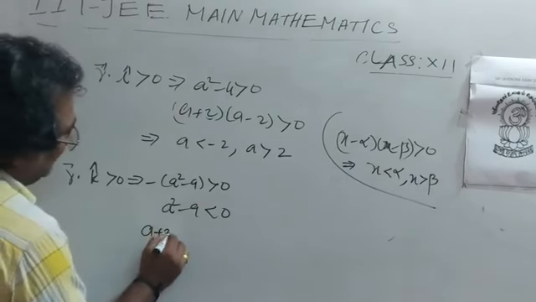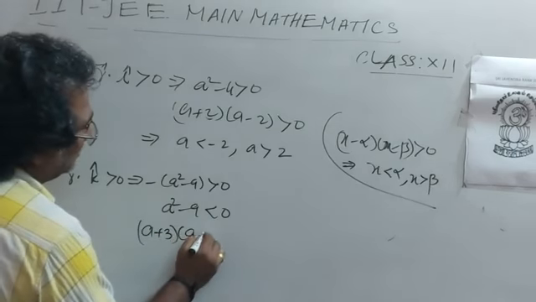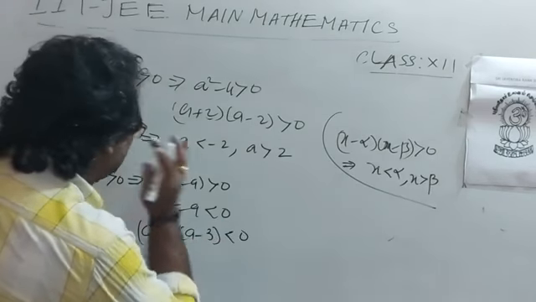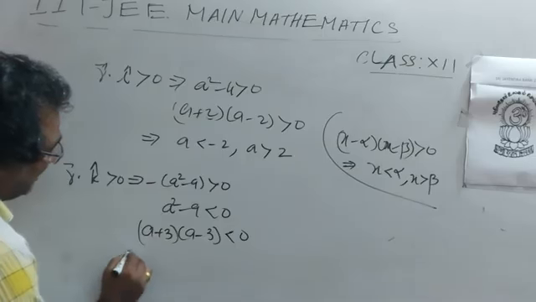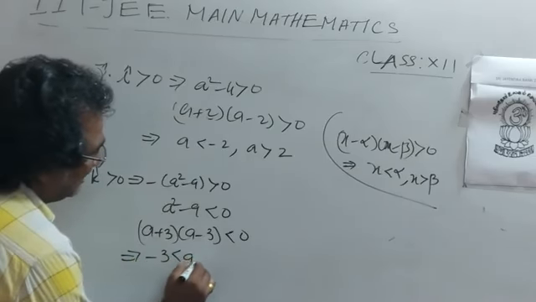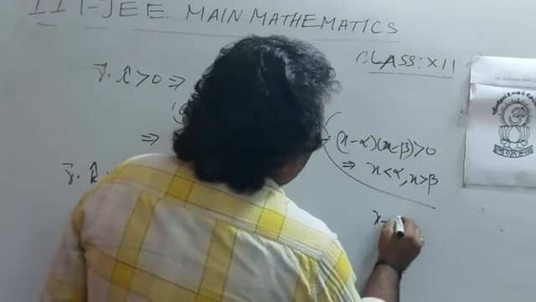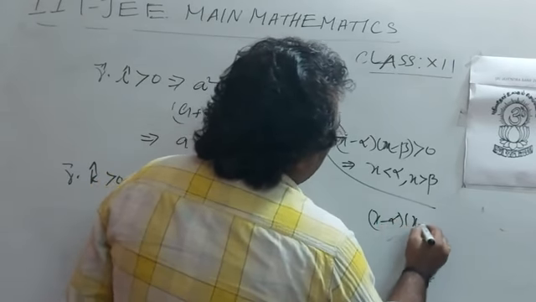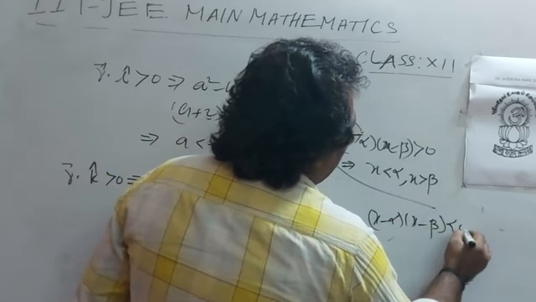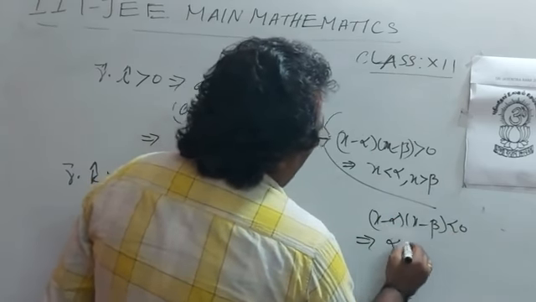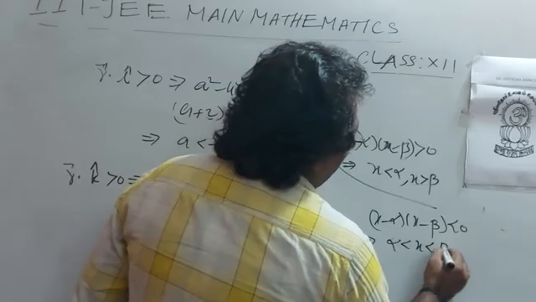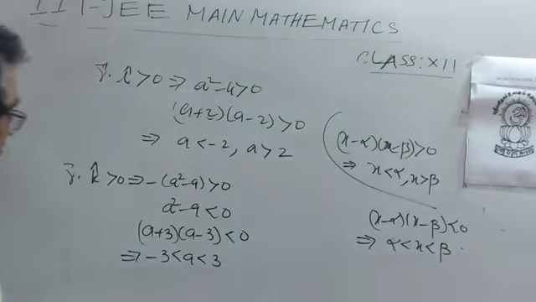So a plus 3 into a minus 3 less than 0, which implies minus 3 less than a less than plus 3. x minus alpha into x minus beta less than 0 implies alpha less than x less than beta.